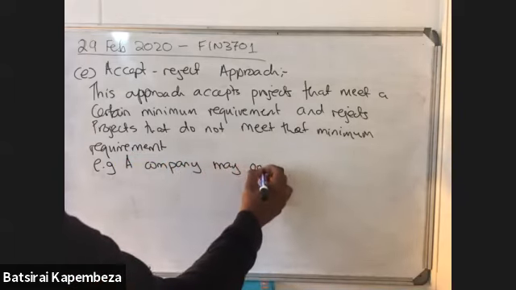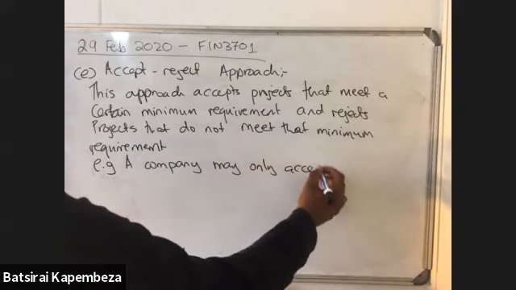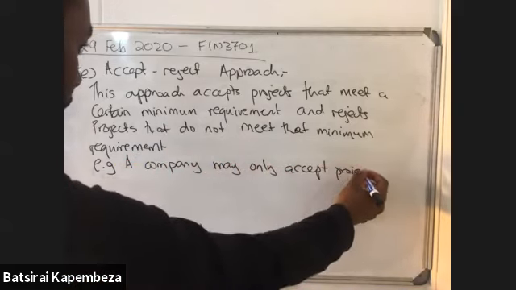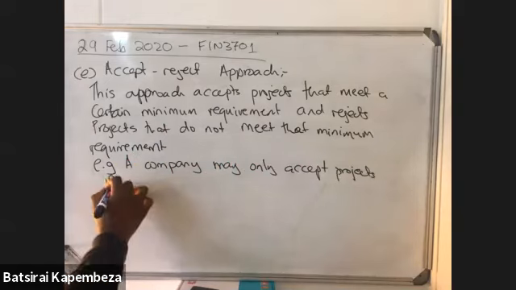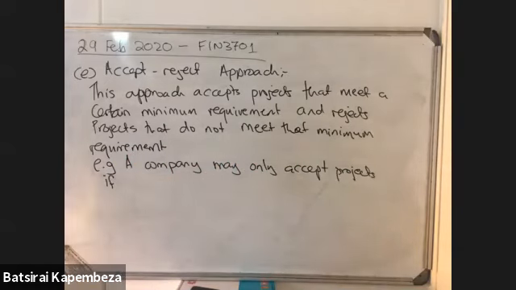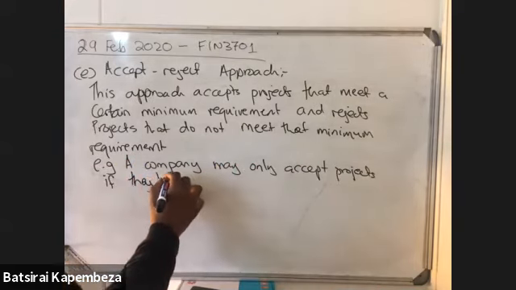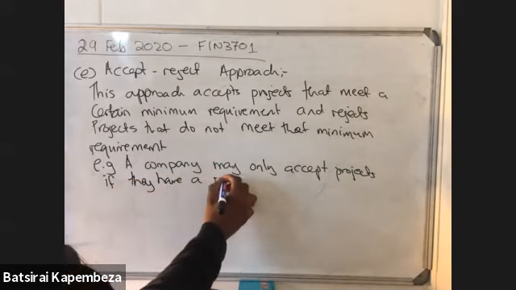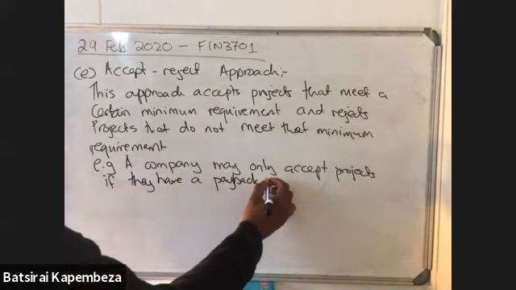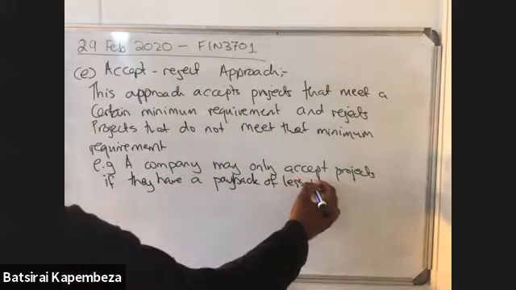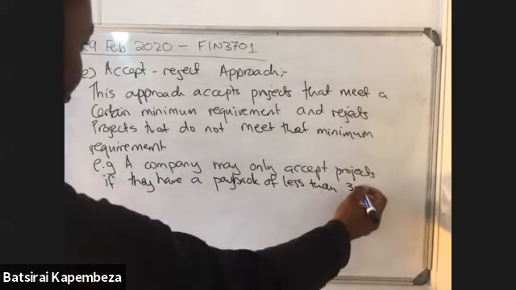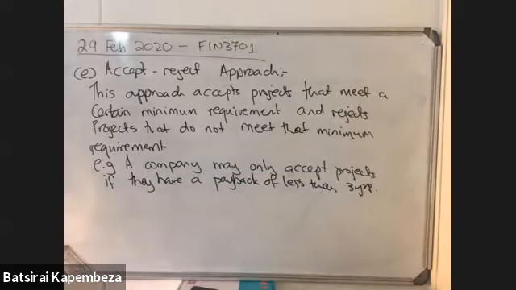A company may only accept projects if they have a payback of less than 3 years. And the company might reject projects if they have a payback of more than 3 years.